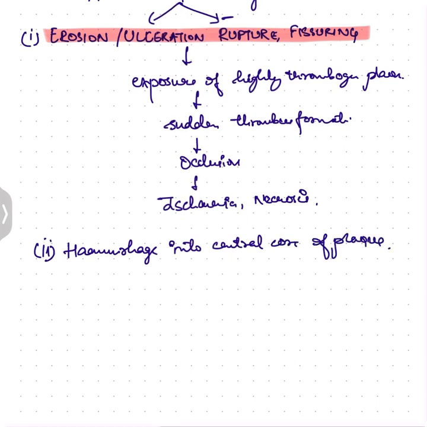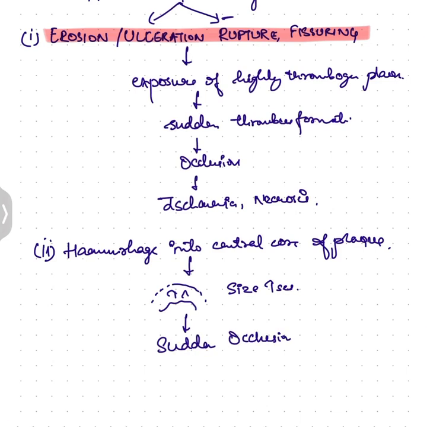Whenever there's hemorrhage into the central core of the plaque, that is going to increase the size of your plaque. Alright, the size increases. So because of that increase in size, there will be sudden occlusion, and that sudden occlusion will lead to again your ischemia plus necrosis.